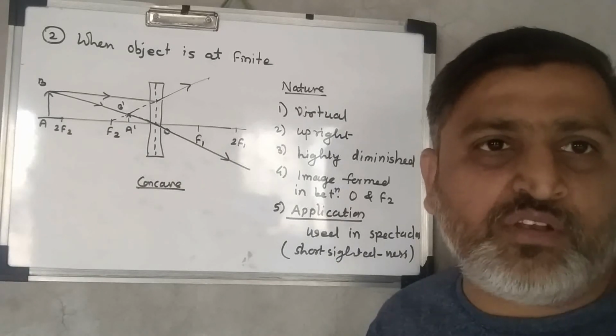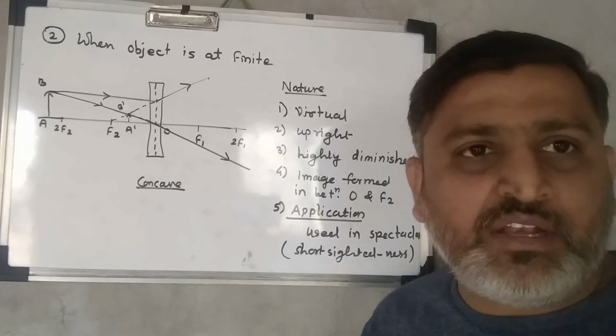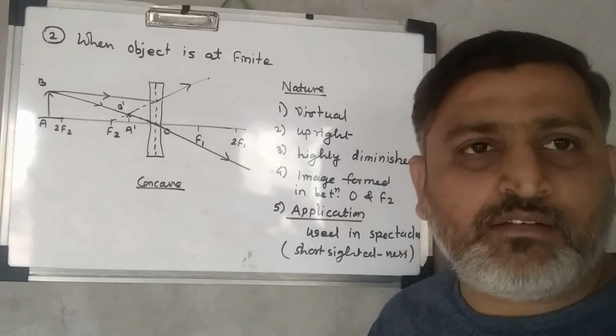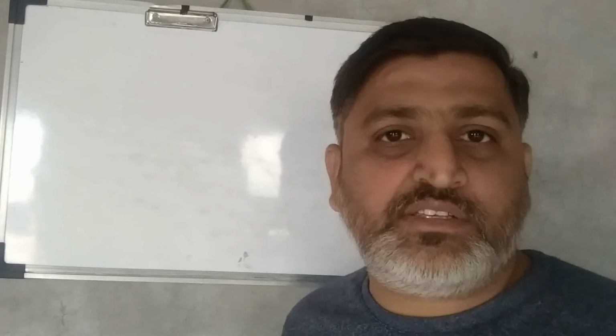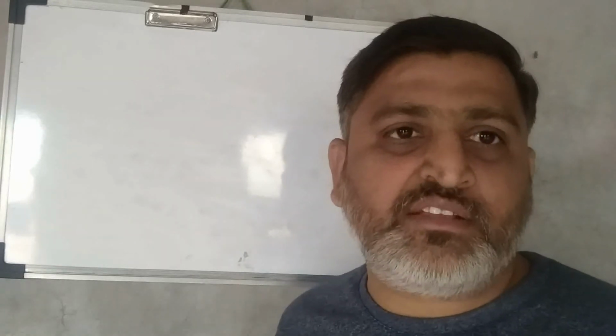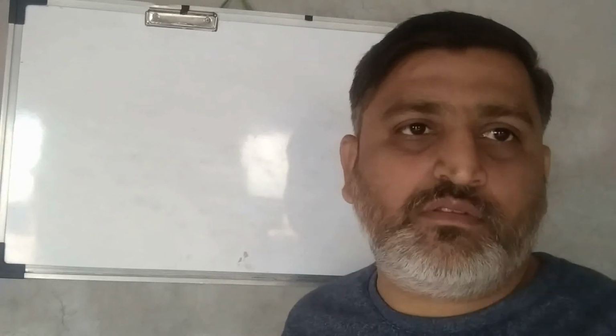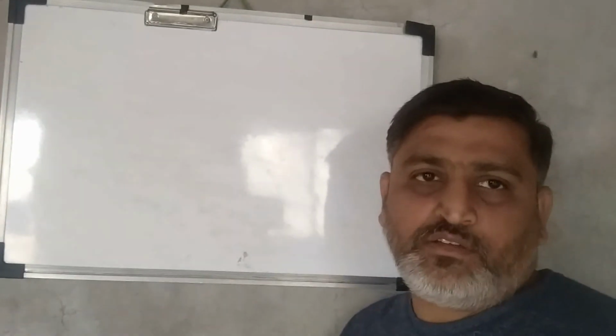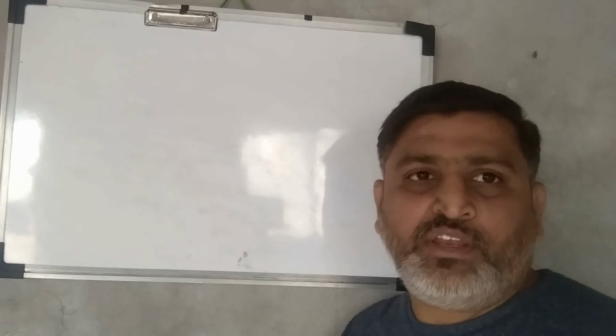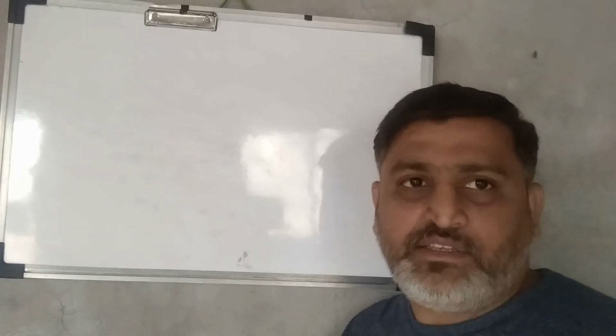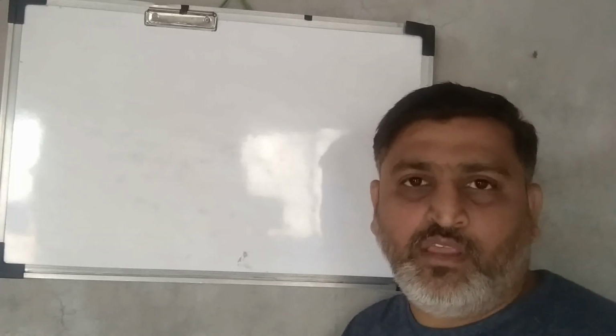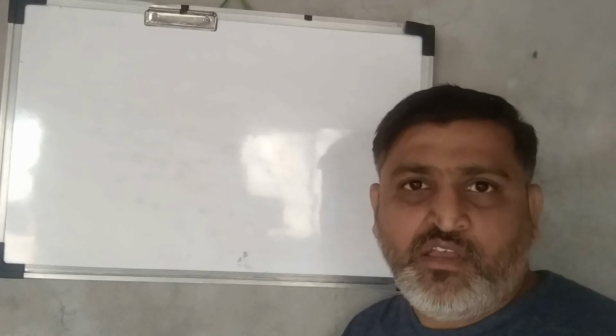Okay, now we are going to study the next topic, which is about sign conventions and the lens formula. This topic is omitted by ICSE for this year due to the pandemic situation.